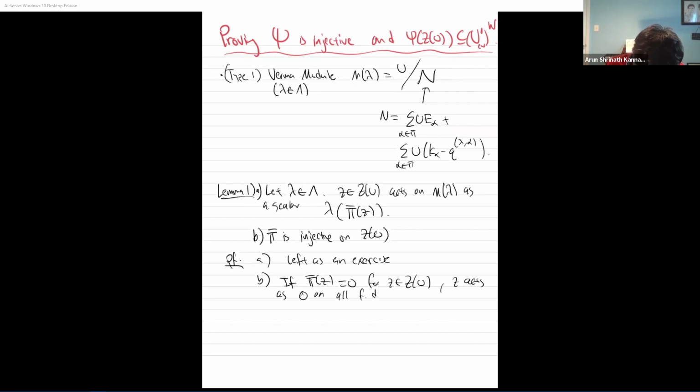And then Leonardo proved last time that the only element that satisfies this is z equals 0, if we take representations of type 1. Yeah, we have actually proved that that's sufficient.